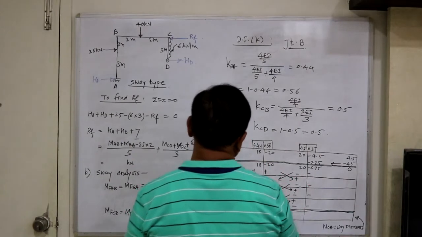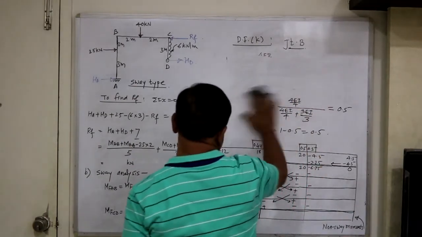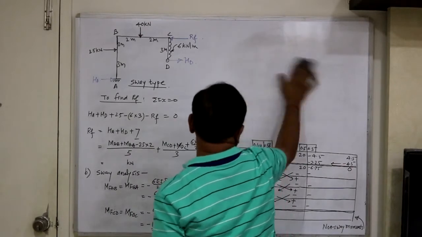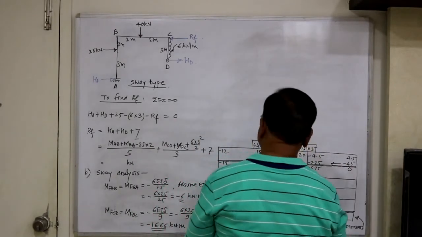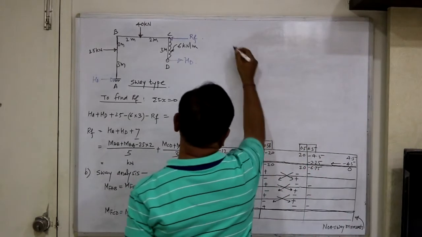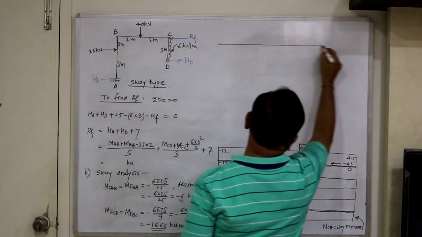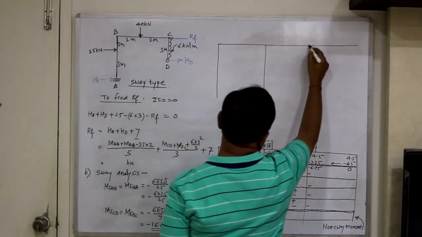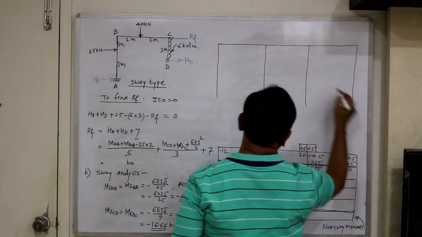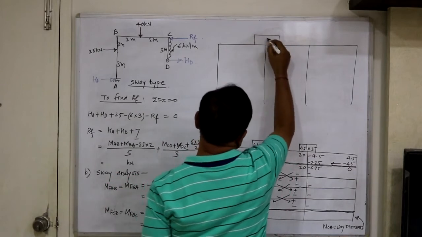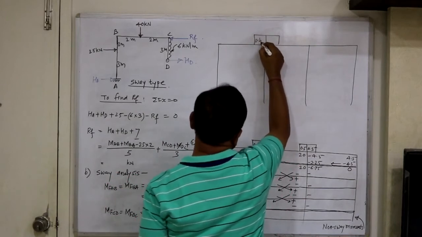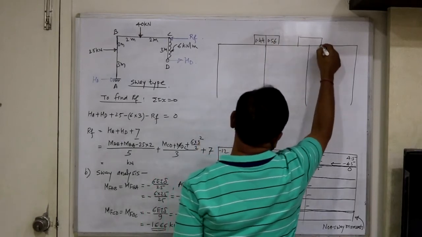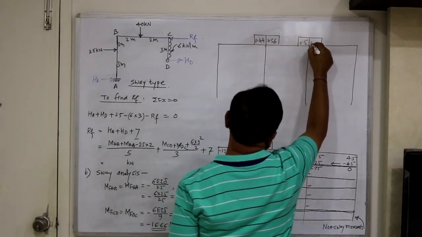So next, prepare a moment distribution table, because the distribution factors we have already calculated during the non-sway analysis. Prepare a table once again here. You write the same distribution factors, 0.44, 0.56, and here 0.5, 0.5.